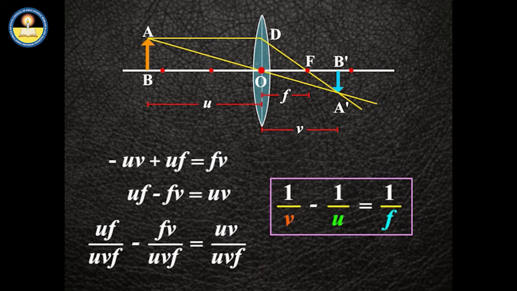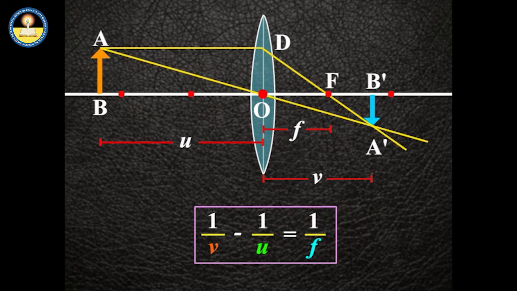This is called the lens formula. This formula is valid for a thin convex as well as a thin concave lens. This is also valid for any position of the object or the image.